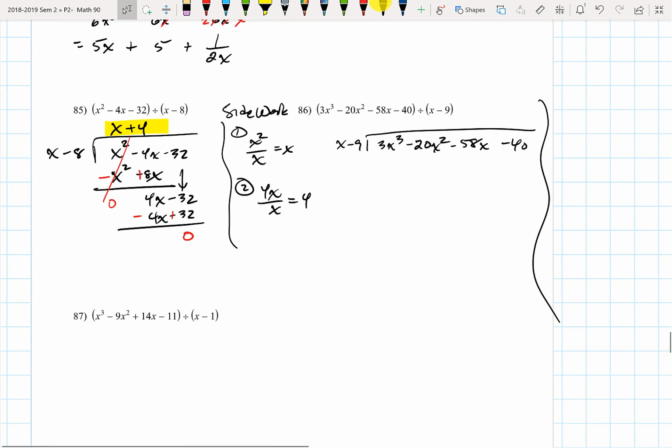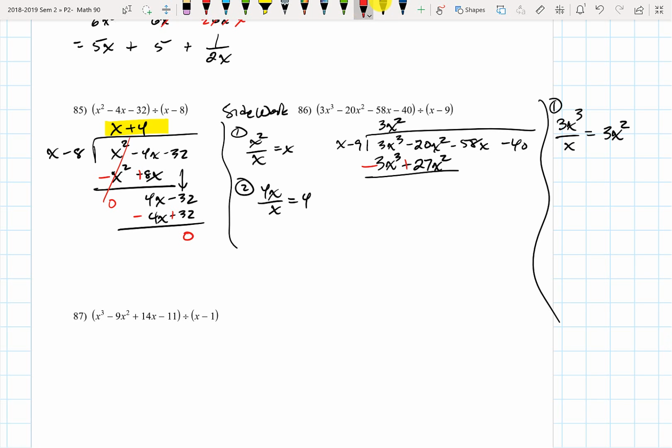We'll do a little side work here. Step 1. 3x cubed divided by x is 3x squared. So 3x squared, and then you multiply. You get 3x cubed minus 27x squared here, because 3x squared times negative 9 is negative 27x squared.